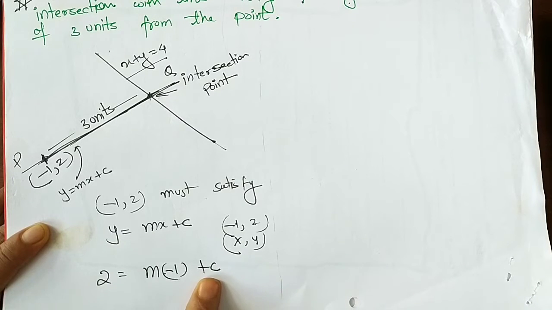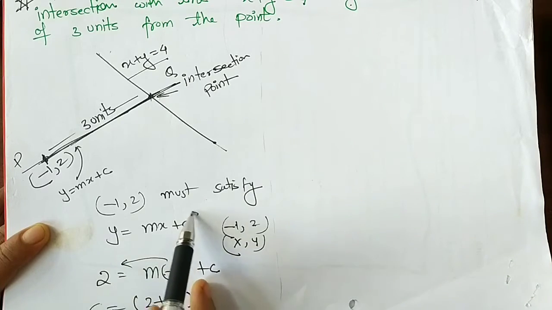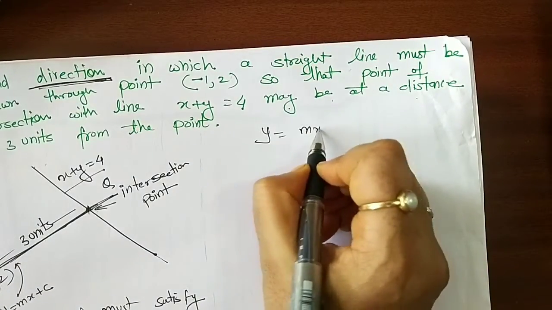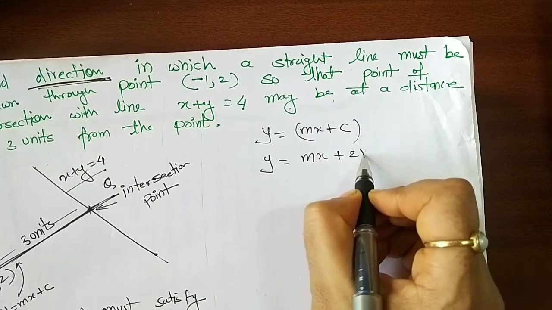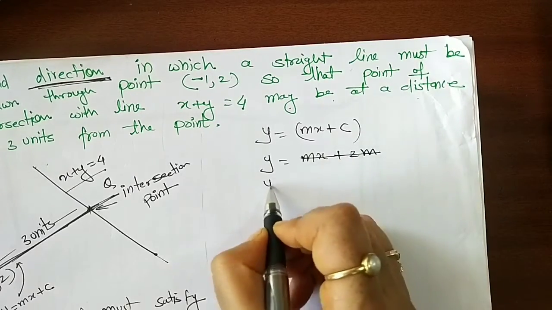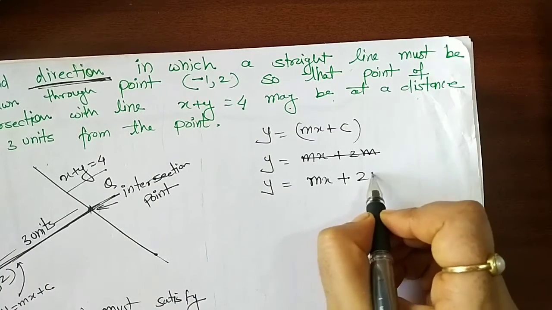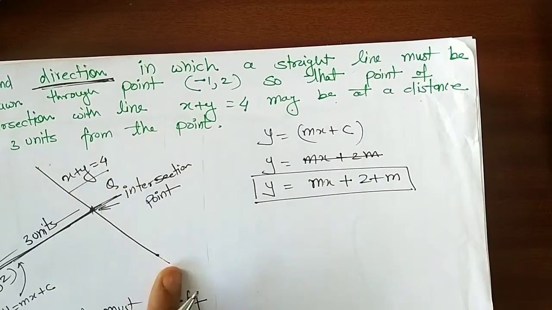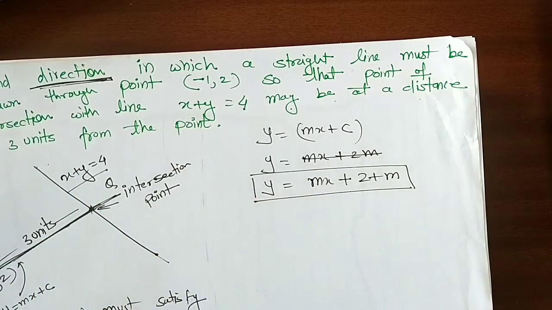That means I got the c value, right? So what is c? 2 plus m, because this will go there. So I can write this equation as y is equal to mx plus 2 plus m. So this is my equation, and I can solve these two equations to find the point of intersection.